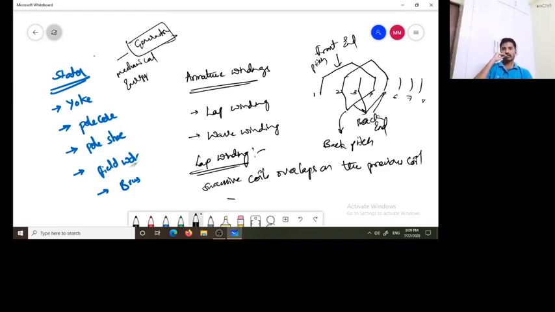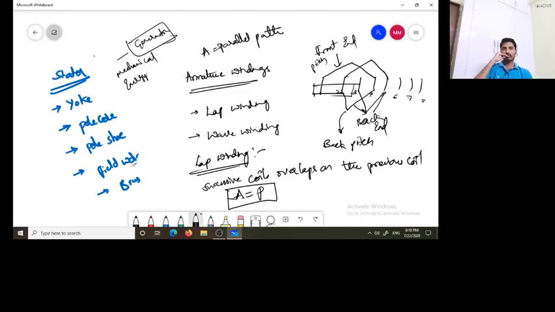In this type of lap winding, the number of parallel paths is equal to the number of poles. Here capital A is the parallel path of current. Depending on the direction of current, we can represent the direction of a pole.